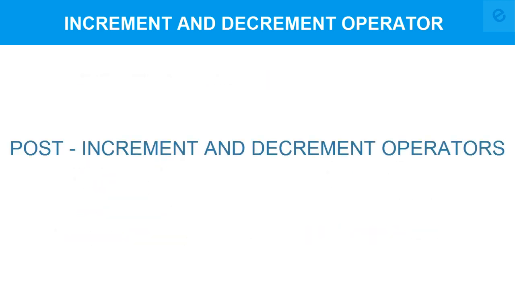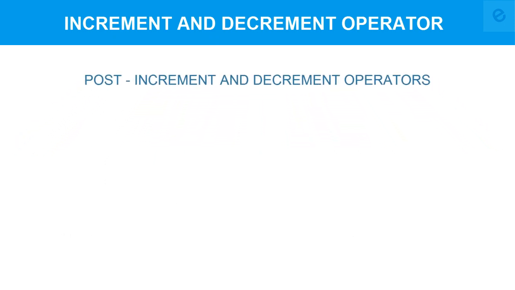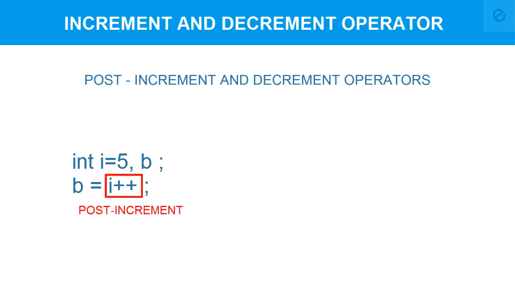Now let's talk about the post-increment and post-decrement operators. We have here an integer I whose value is 5 and an uninitialized integer b. We have written that b equals I++. Here, since the increment operator is after the variable, it is known as the post-increment.